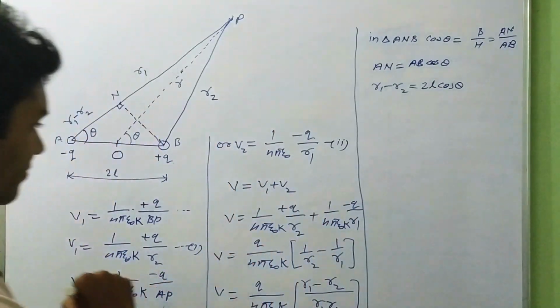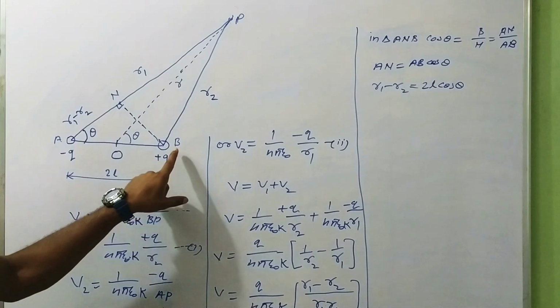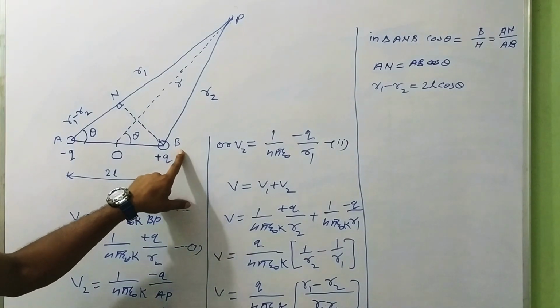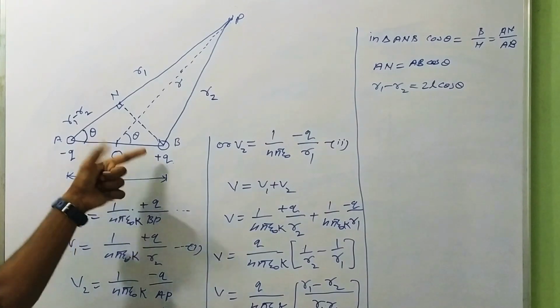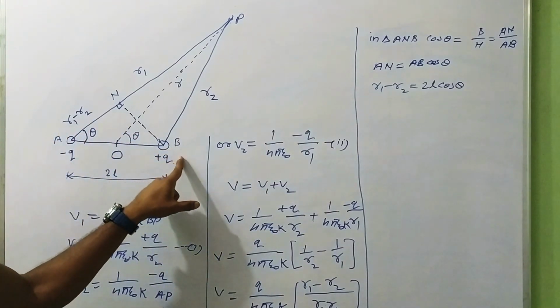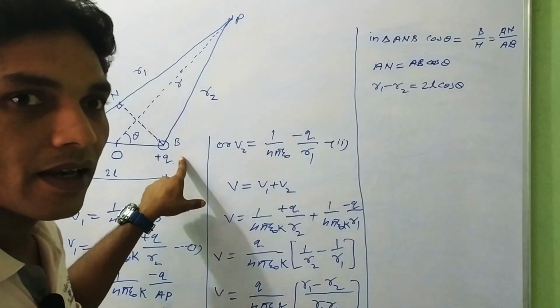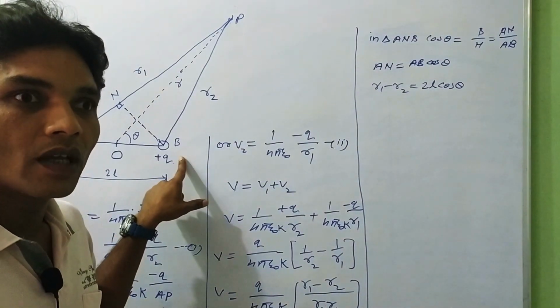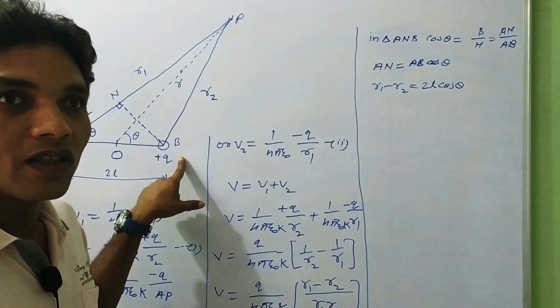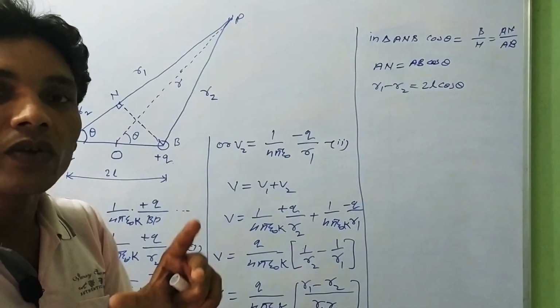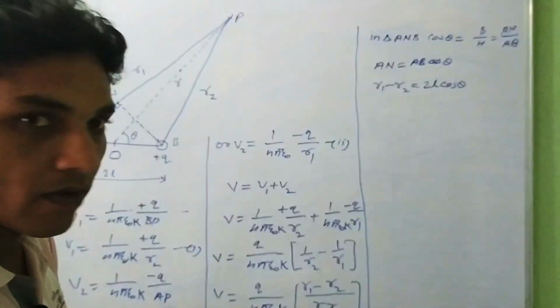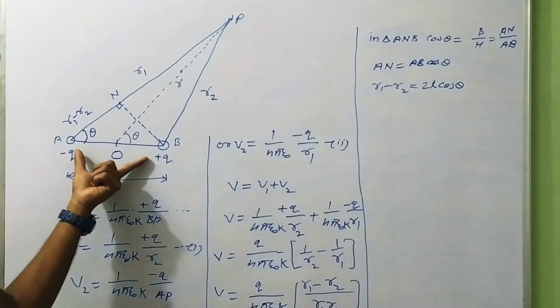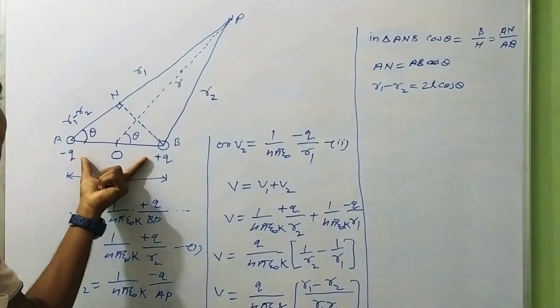Now again, point B and point A are very close to each other because this is an electric dipole, like HCl, H2SO4, NH4Cl. These are molecules, and the size of a molecule is very small. That's why we can say that these are very close to each other.